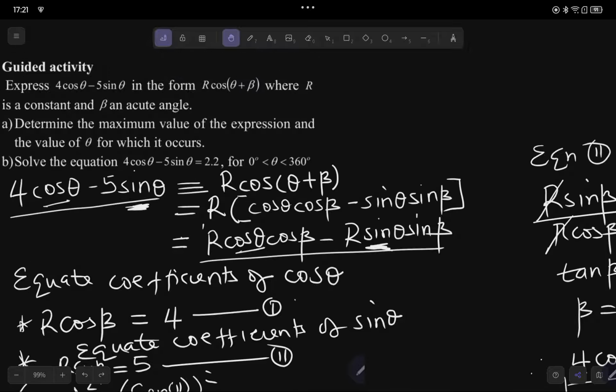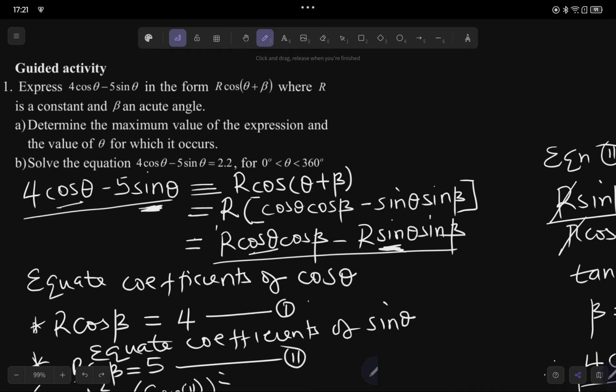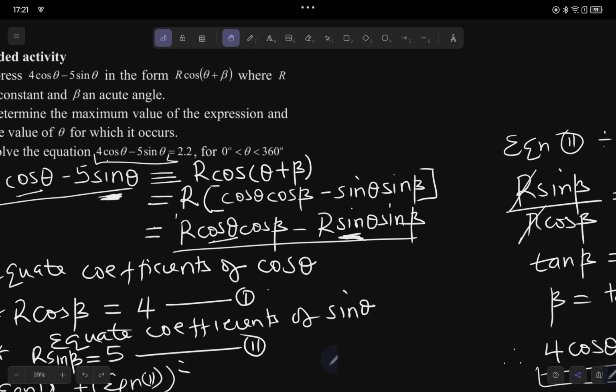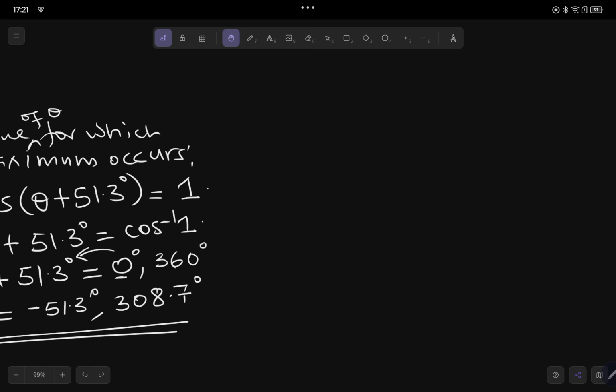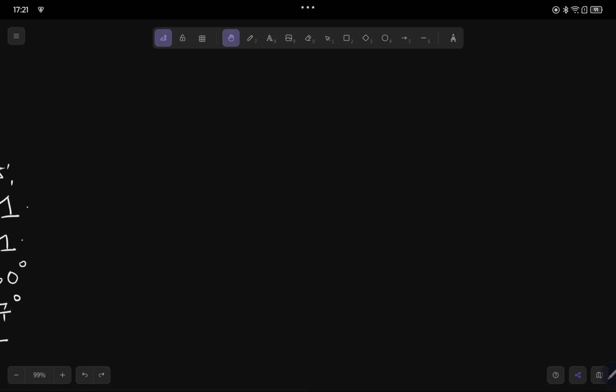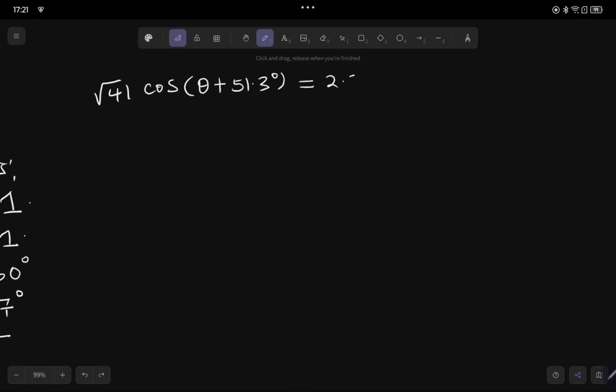Remember, I've already got the expression for 4 cos theta minus 5 sin theta, so we shall just replace it. So root 41 cos of theta plus 51.3 degrees is now equal to 2.2.